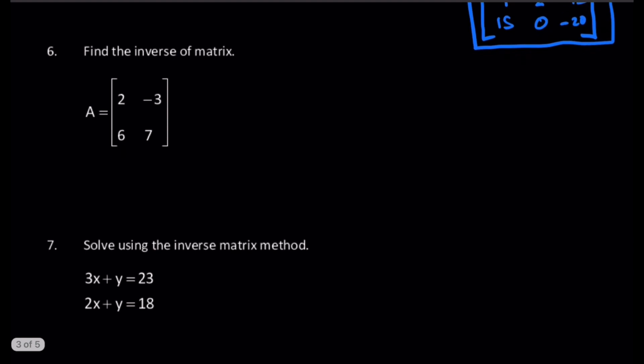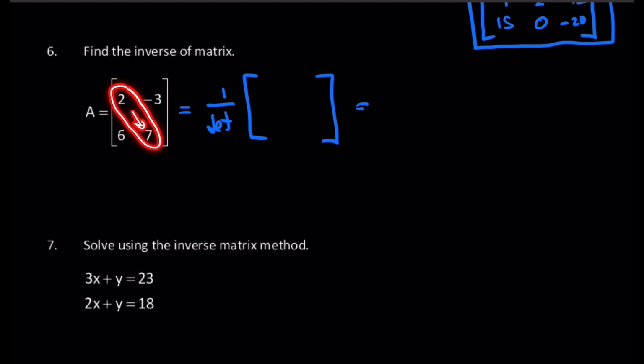Okay, next thing we have to do is find the inverse of a 2 by 2 matrix. You will have to do this without a calculator. It'll only be a 2 by 2, so we can kind of memorize the formula method for doing this, which is what I prefer. It's going to be 1 over the determinant times the matrix formed by taking this diagonal and flipping those values.